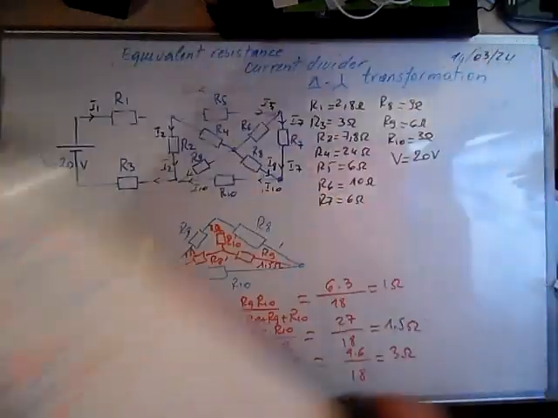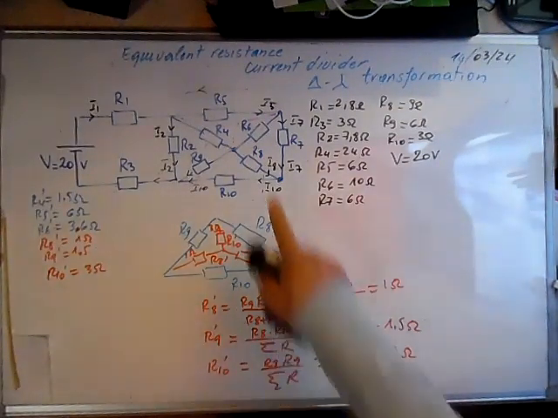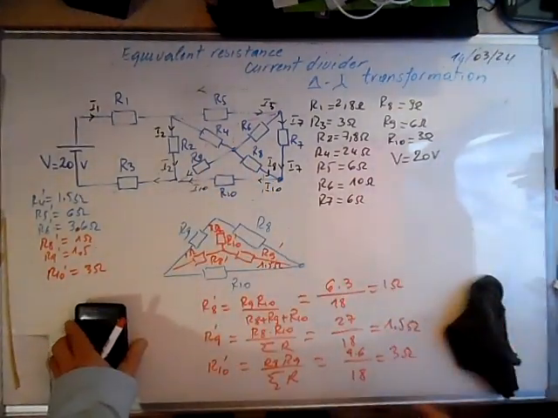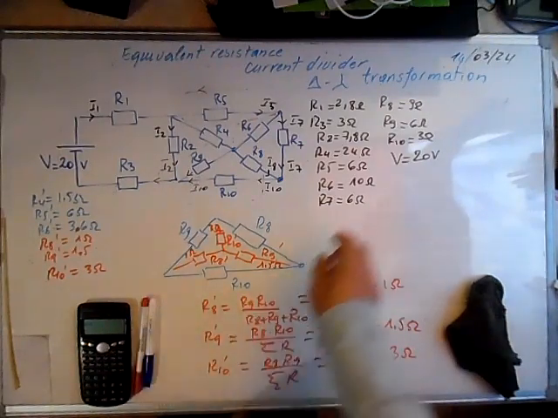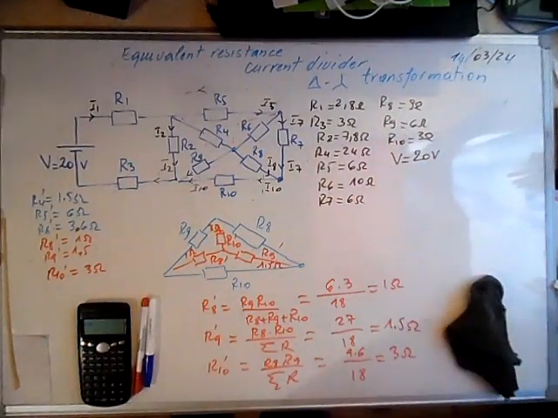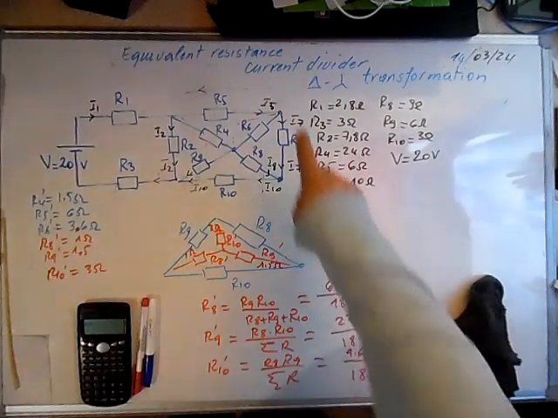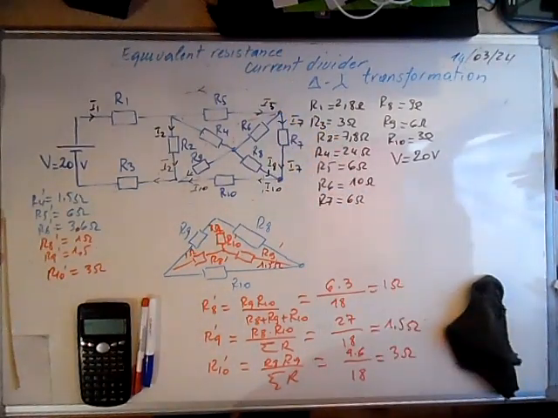It looks a little bit complicated, but we managed to calculate all the currents by doing the delta star transformation and by using the current divider method. And that's it, and thank you very much.